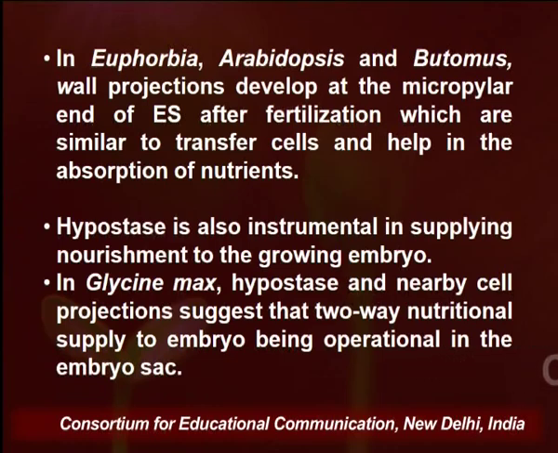Hypostase, which is present just below the embryo sac, is a group of thick walled cells. Hypostase too is instrumental in supplying nourishment to the growing embryo. In Glycine max, hypostase and the cells nearby have a two-way nutritional supply to the embryo being operational in the embryo sac. So, these cells also supply nourishment to the growing embryo.